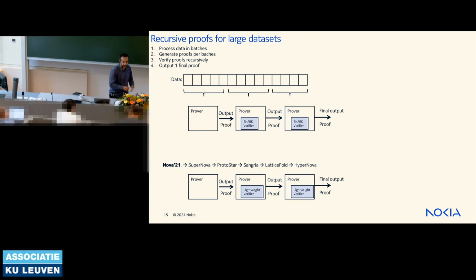With Sangria, they tried the same ideas on a different proof system called PLONK. And with LatticeFold, we come up with the entire Nova again, but with different cryptographic assumptions and primitives like lattice-based cryptography. And this system then is post-quantum. And with HyperNova, they optimized this verification drastically. And it was published just a few weeks ago.